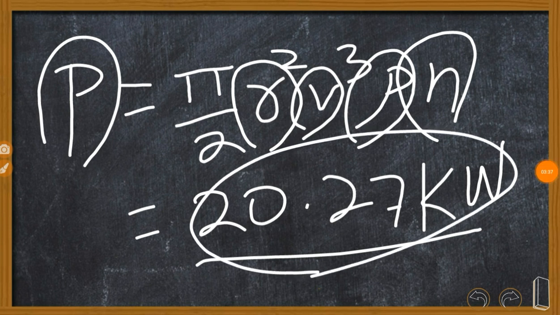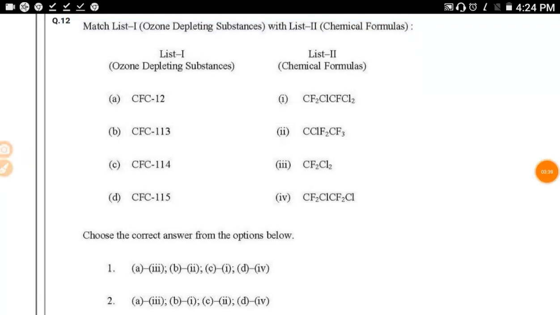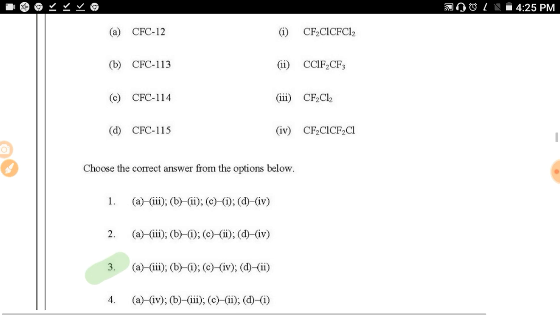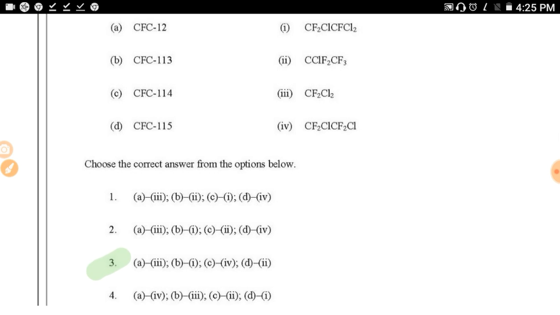20.27. Next question. Match the list of ozone depleting substances and their chemical formulas. So CFC12, CFC113, CFC114, CFC115. This is also called Freon 112. So our right option is this one.